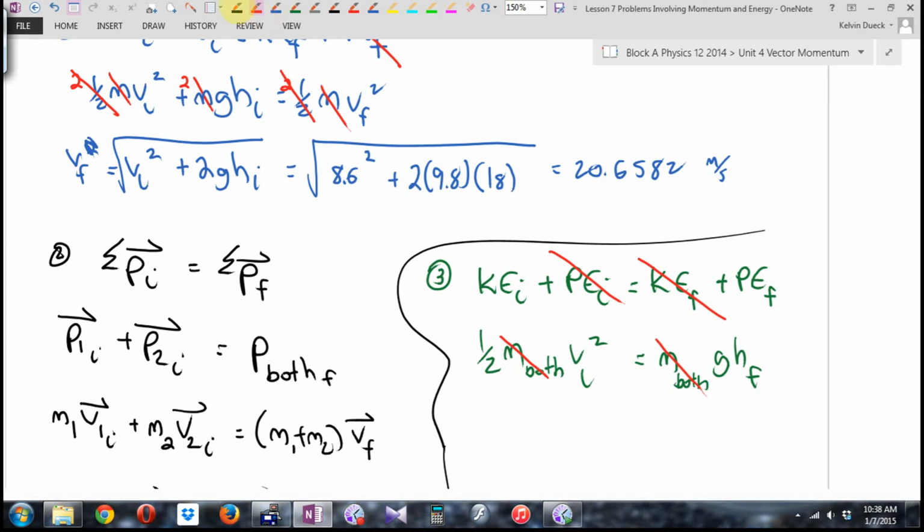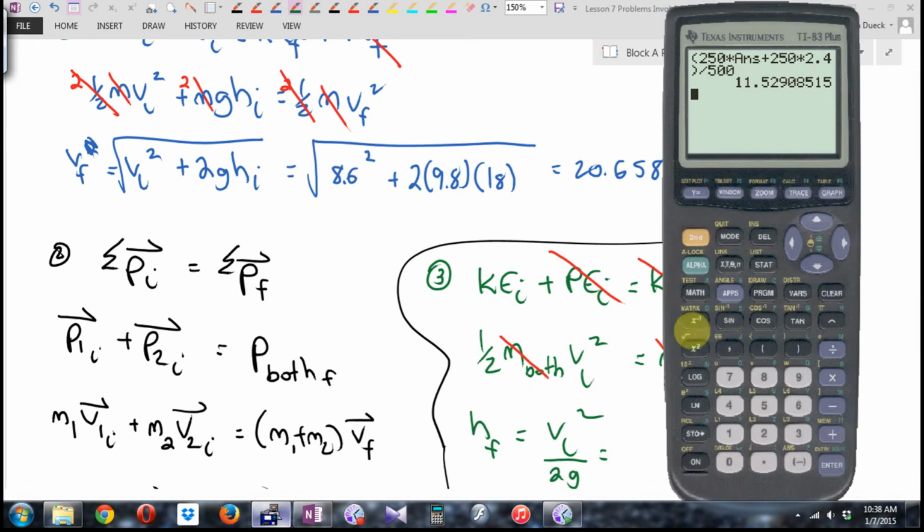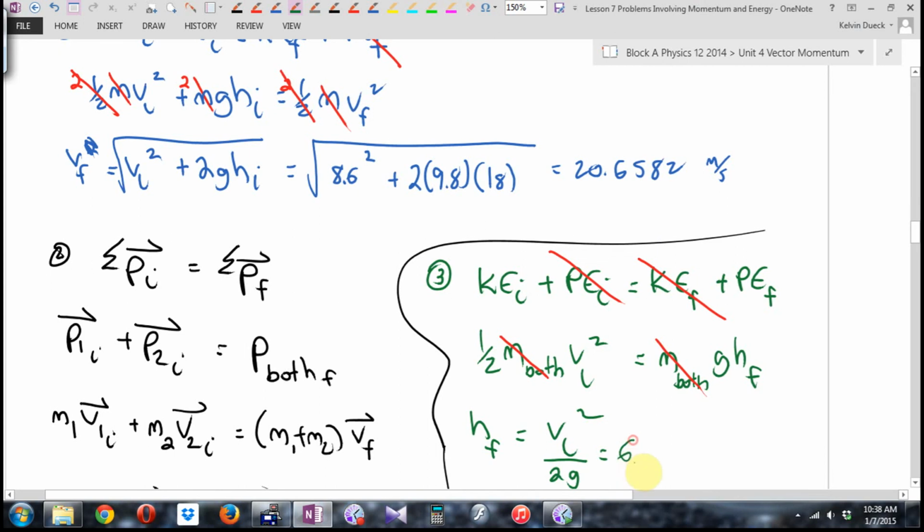Final height: VI squared over 2G. VI squared over 2 times 9.8. You get 6.78. Okay.